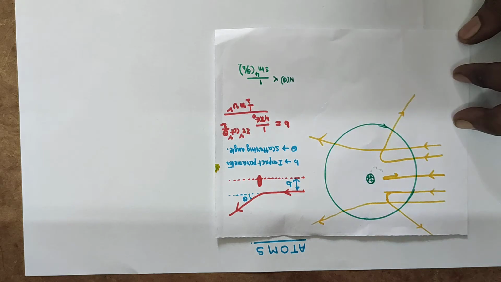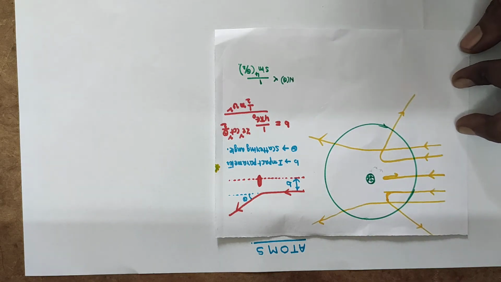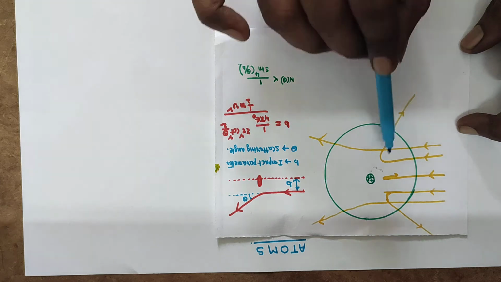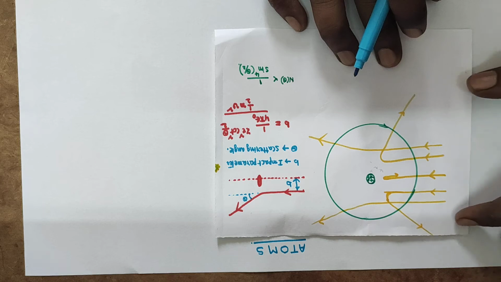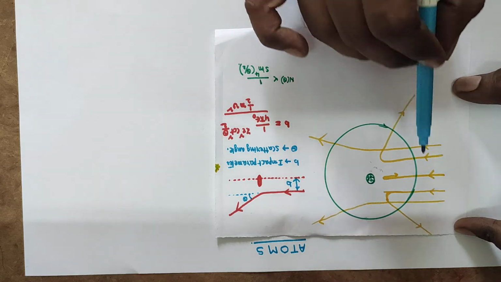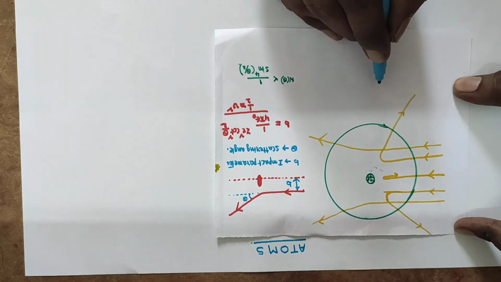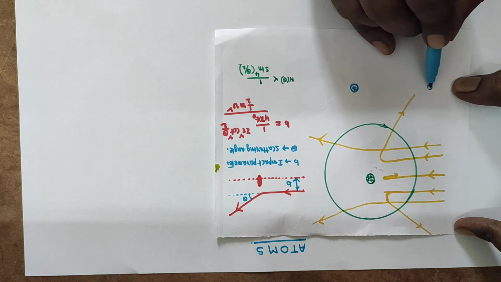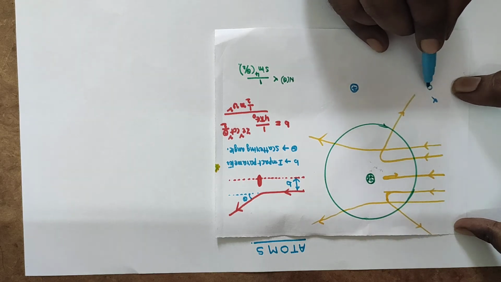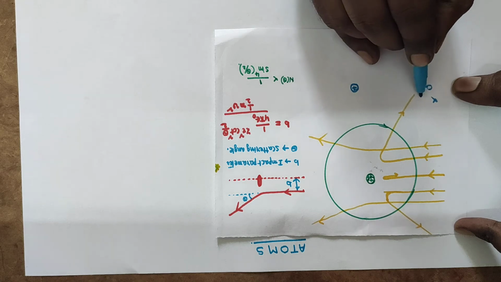So these are the experimental conclusions from the Rutherford experiment, and here we can get an expression for the distance of closest approach. See this. Suppose this is the nucleus and the alpha particle is moving with velocity v.